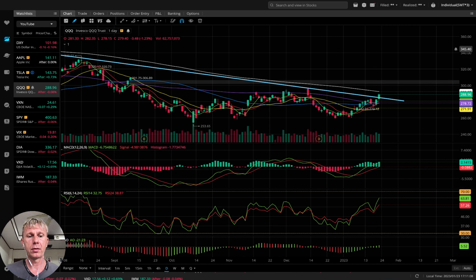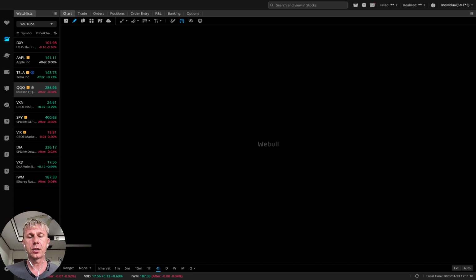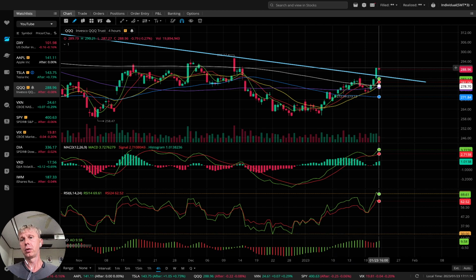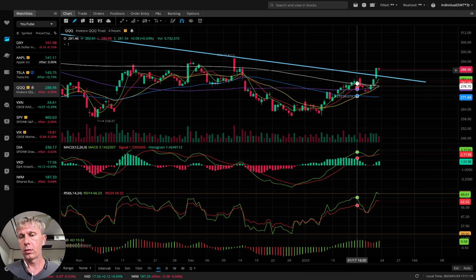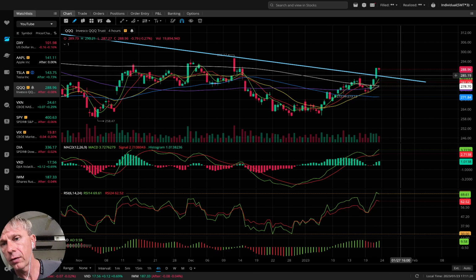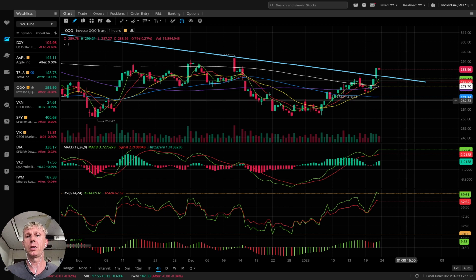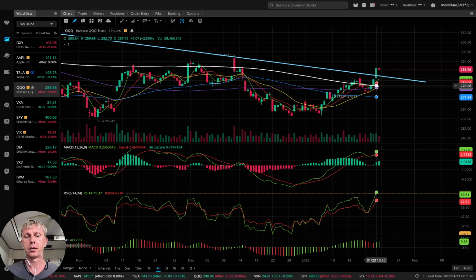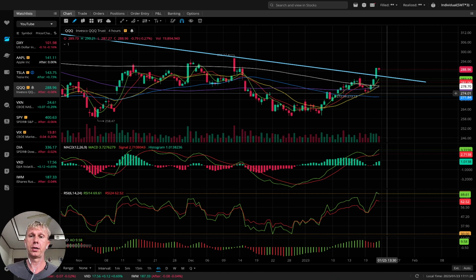Let's move to 4 hours for Nasdaq. Bullish trend, it closed above all moving averages. It's kind of far from 820, but the 820 did bullish crossover over 200 on 4 hours. It is bullish trend.